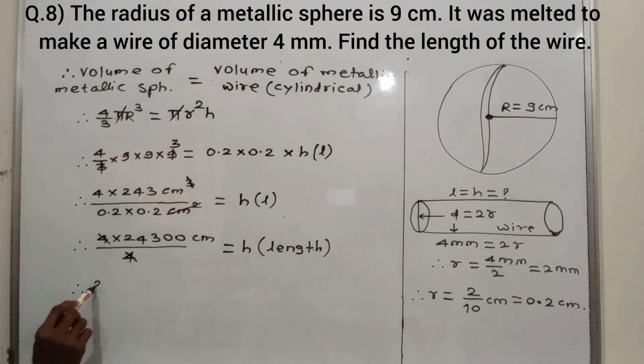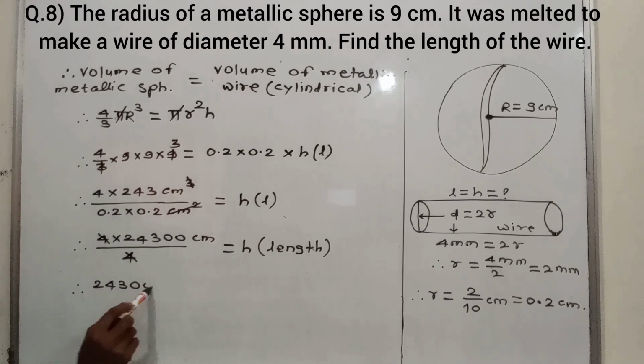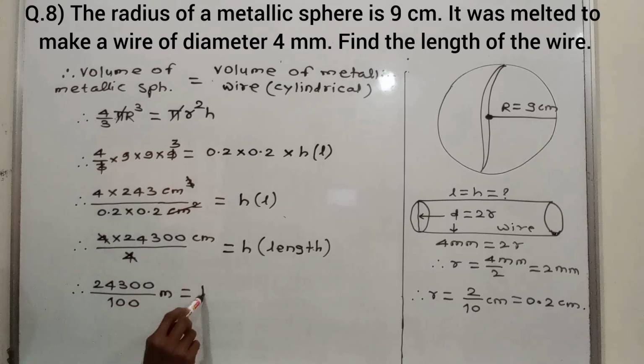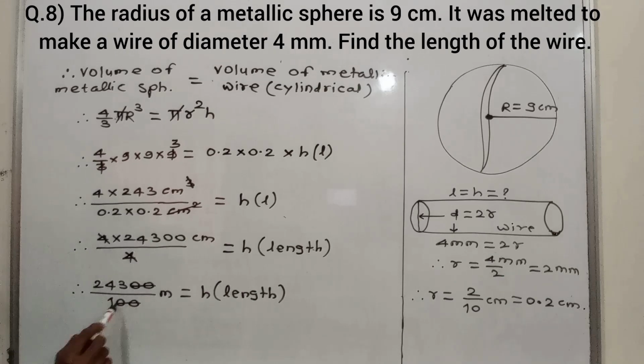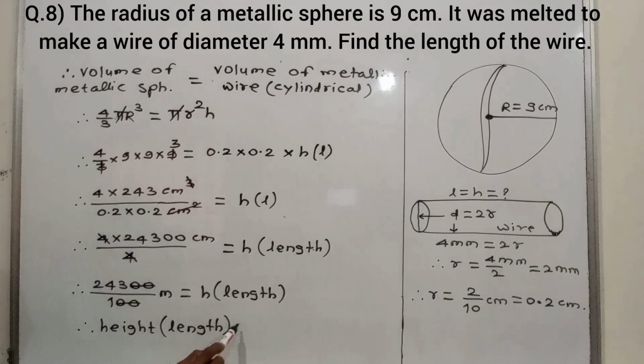Therefore, when we convert this in meter, then we divide this by 100. Meter is equal to h, length. Therefore, height, nothing but length, is 243 meter.